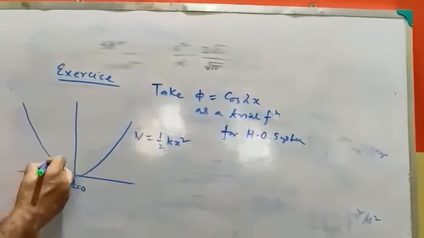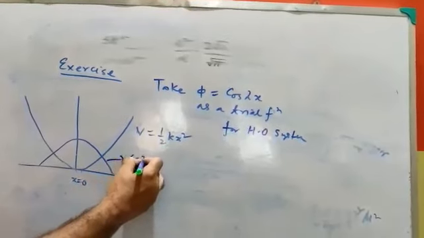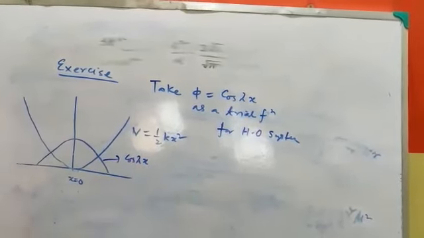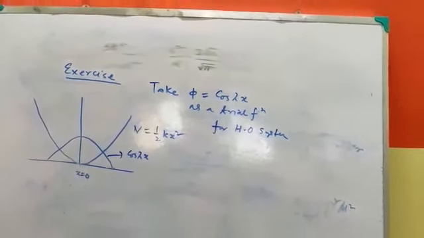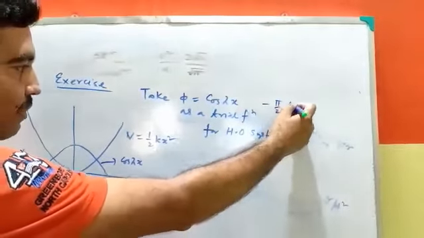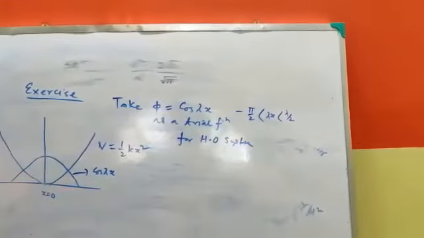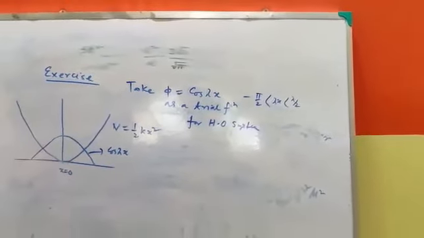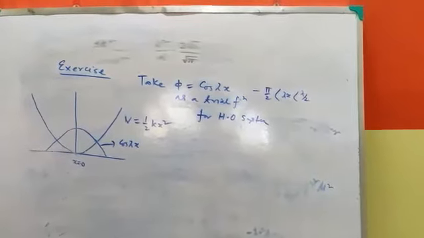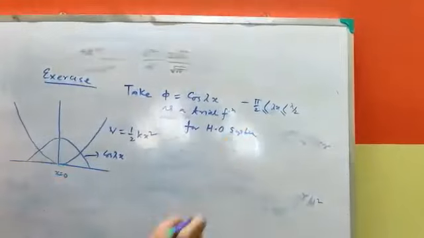Cos lambda x will look like this, for minus pi by 2 less than lambda x less than pi by 2.